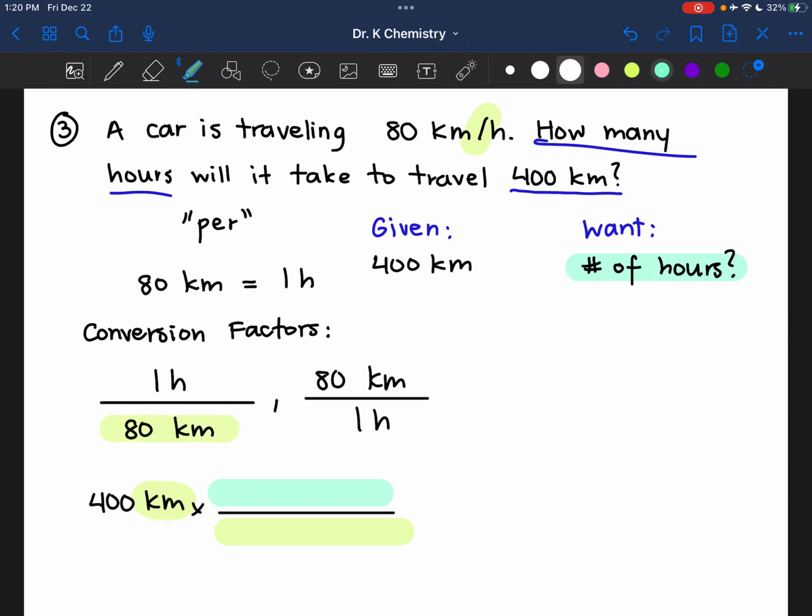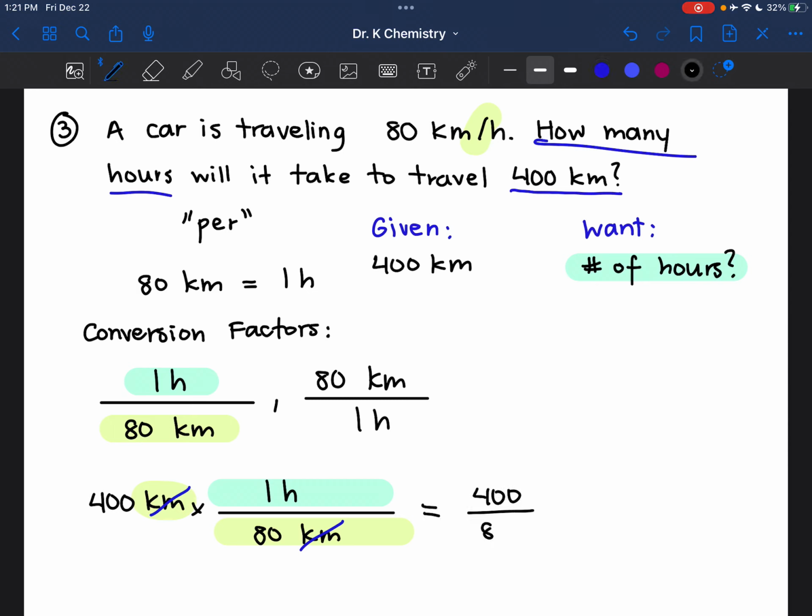And if I look at that left conversion factor, that's where the kilometers are on the bottom and hours are up top. So that's the version I'm going to use. So there are 80 kilometers, 1 hour. And here I see that kilometers are across from each other, so they cancel, which really means that what we're plugging into our calculator is 400 divided by 80.